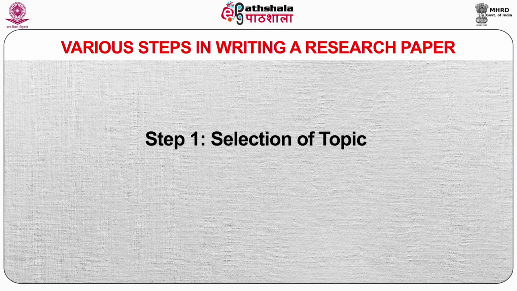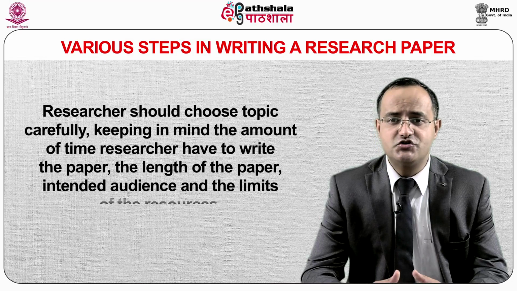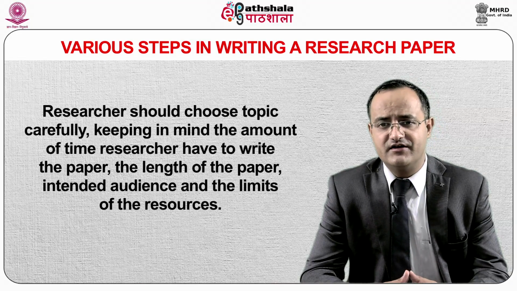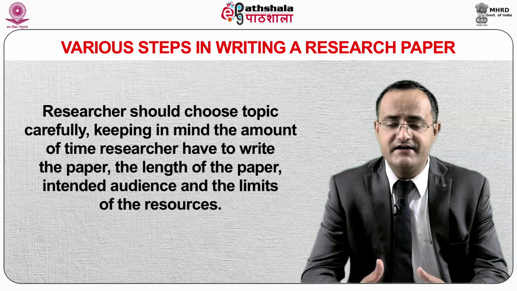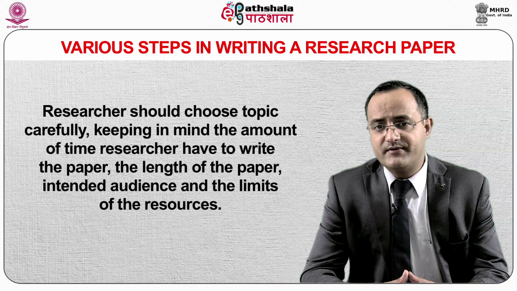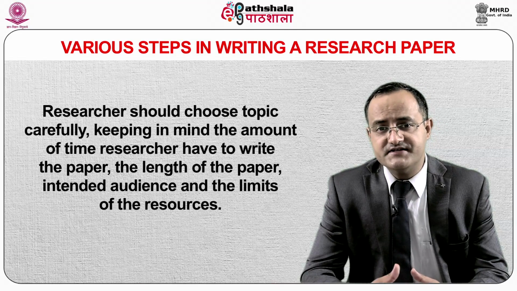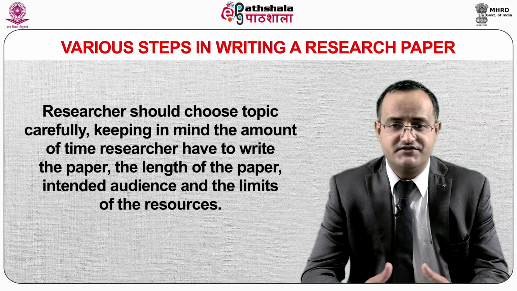Let us understand various steps in writing a research paper. First of all, in the first step, it is important to select a topic. The researcher should choose the topic carefully, keeping in mind the amount of time the researcher has to write the paper, the length of the paper, the intended audience, and the limits of the resources.